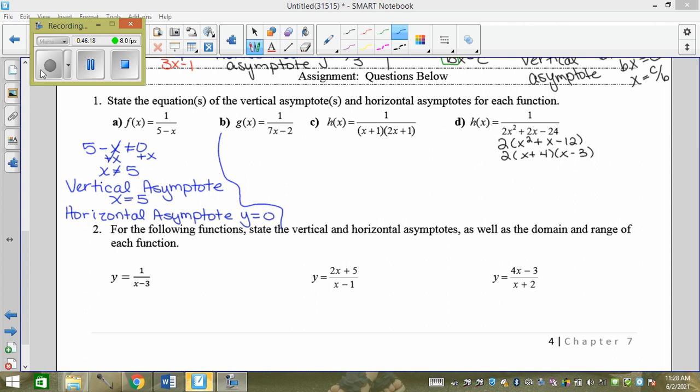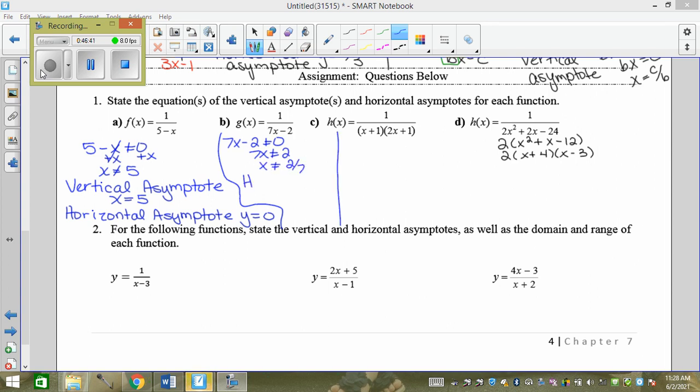I'm going to go VA and HA, but on the test you have to write vertical asymptote and horizontal asymptote. In your notes you can write VA and HA. On the test you cannot, because you will have diplomas and they will not allow that. So this one, we have 7x minus 2 cannot equal 0. 7x cannot equal 2. X cannot equal 2 over 7.